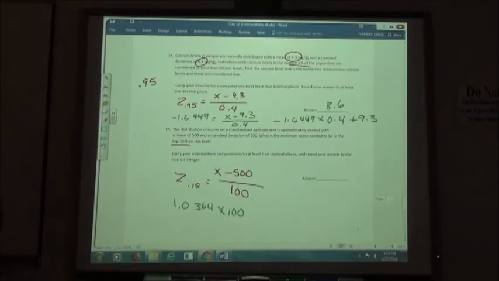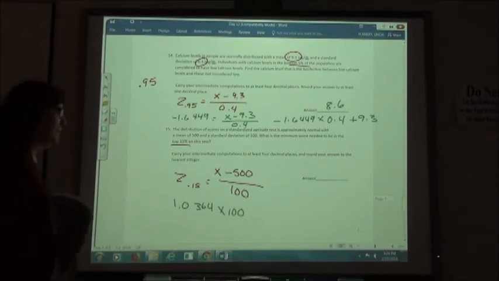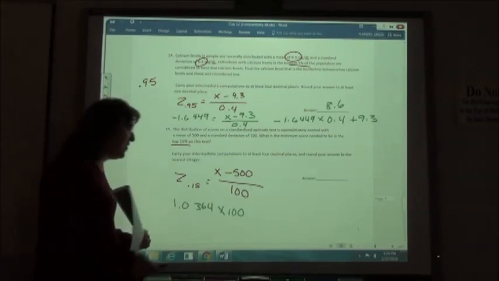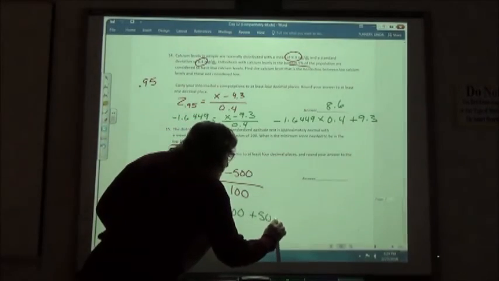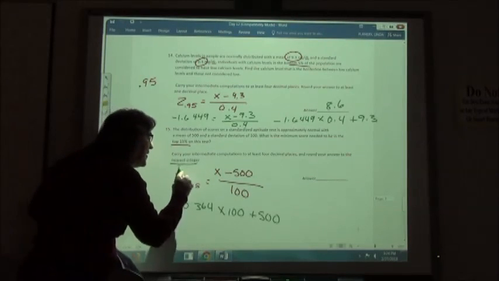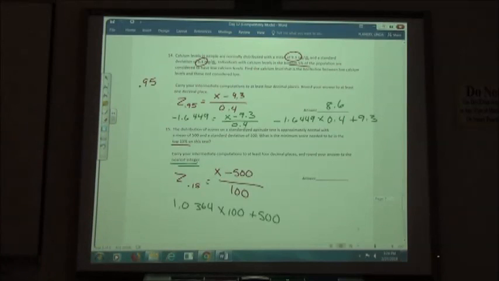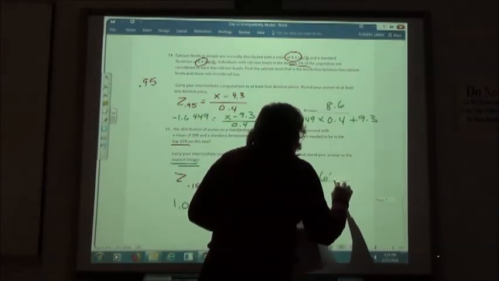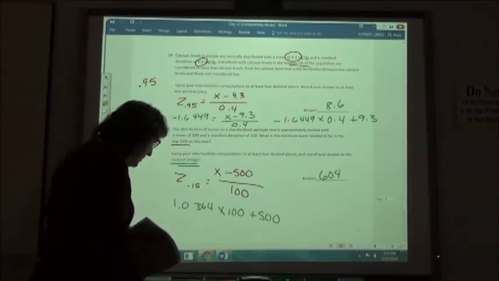And then I'm going to add the 500. This one says round to the nearest integer. They changed it on me. Instead of one decimal place, it says round to the nearest integer, which means round it off to the nearest whole number. 604, exactly. Alrighty.